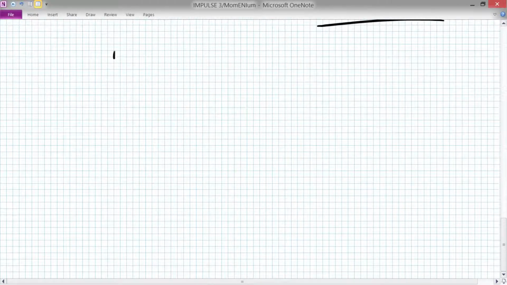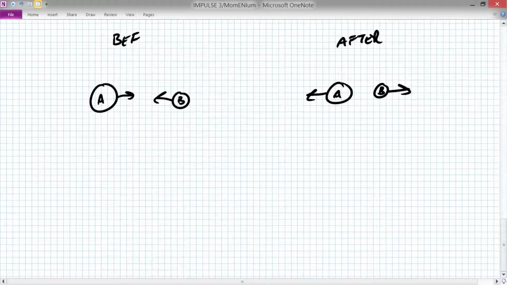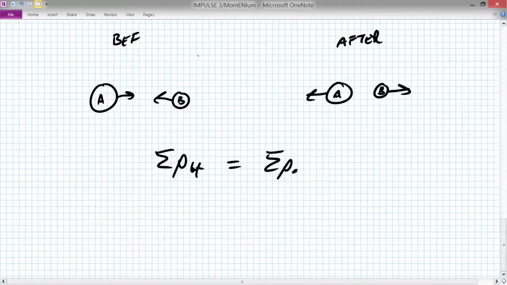for any collision, we might have some before and after situation. Again, I'll take two masses, A and B, different size masses. Before, they might have some velocity each, they will collide, and then after we'll have some situation where, just taking general directions here, they might be moving away from each other again, and all we say is the total momentum, the sum of the momenta before, is equal to the sum of the momenta after.